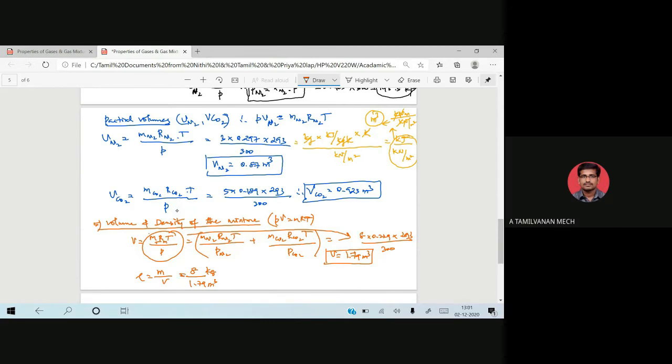So finally, we get the value of density equal to 4.46 kilogram per meter cube. Otherwise, you can calculate the density as total density equal to density of N2 plus density of CO2. You individually calculate the density of N2 and density of CO2 and substitute in the equation to find the whole density.